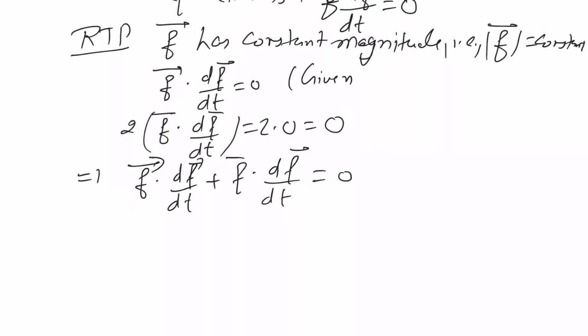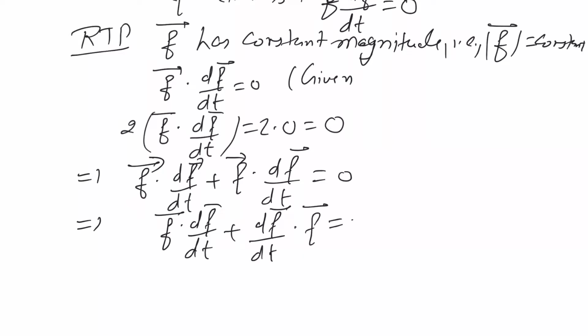This implies f dot df by dt plus df by dt dot f. In the second term, we have used that a dot b is equal to b dot a. In this second term we have commuted the vectors. This is the commutative property we have used.